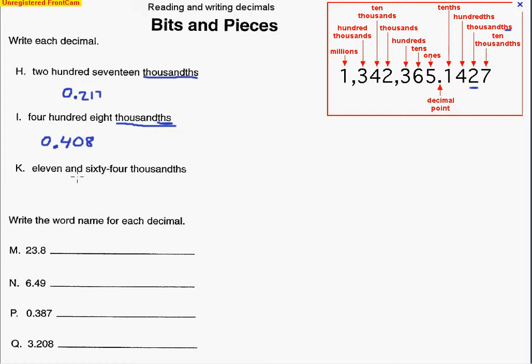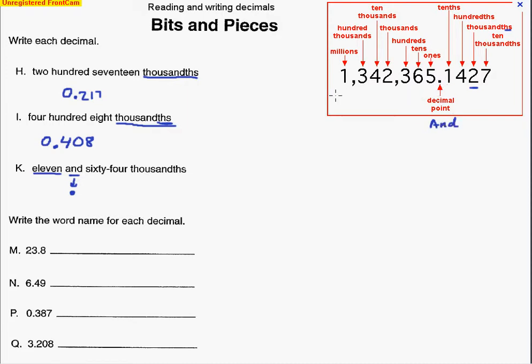Well, the next one, we actually have a number on the left-hand side of the decimal. It says 11 and. And again, that and tells us that we're going to put the decimal point somewhere right after the 11. And so again, when you see that word and, we are going to use a decimal point right after that number that we read.